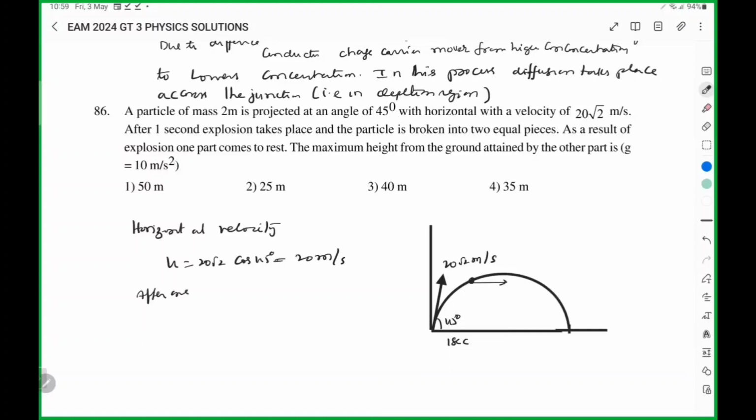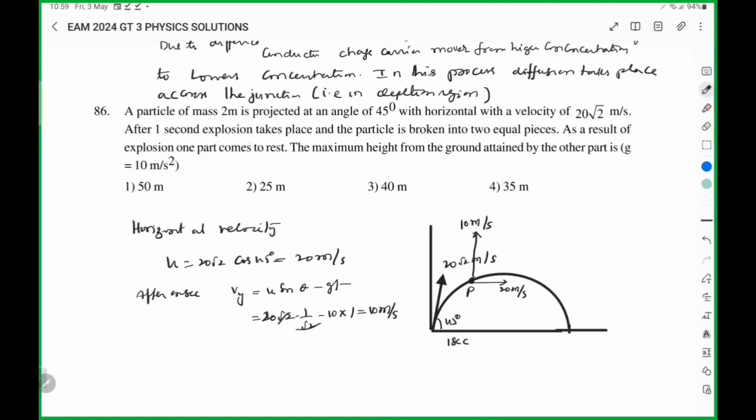After 1 second, when it is at P, it has vertical velocity u sin θ minus gt, sin 45, g is 10, so 10 meters per second. Horizontally, 10 meters per second.